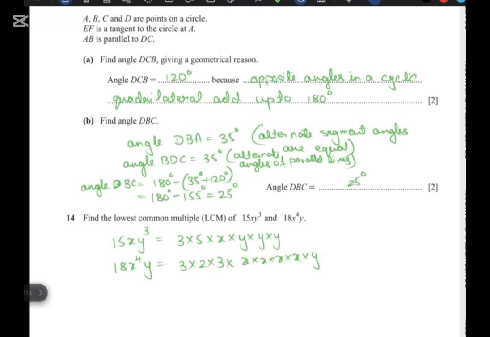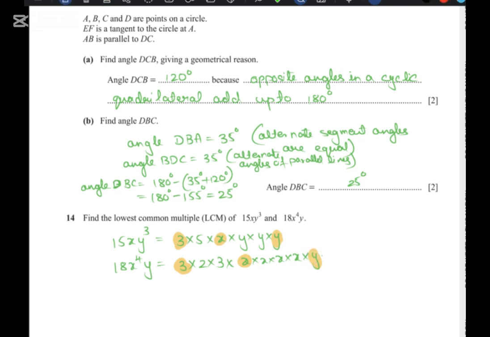Now we'll have to take the common multiples. So 3 is common, take only once. Then we have 2, 3, 5. Then we have x common, so we'll take 4 times x. Then we have y common, so we take 3 times y.